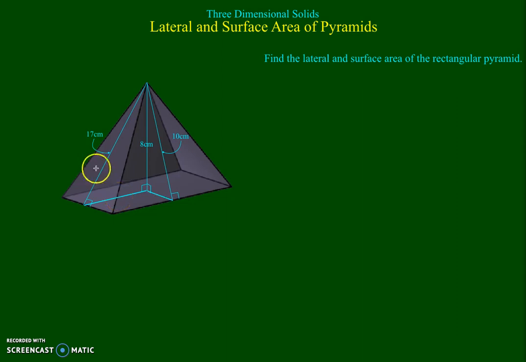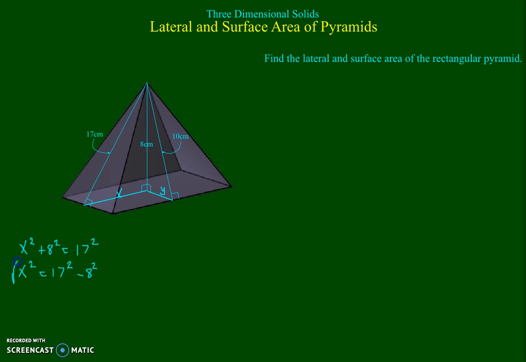Let's just call this leg X and this leg Y. And so we know that X squared plus 8 squared equals 17 squared. And we want to solve for X. X squared equals 17 squared minus 8 squared.